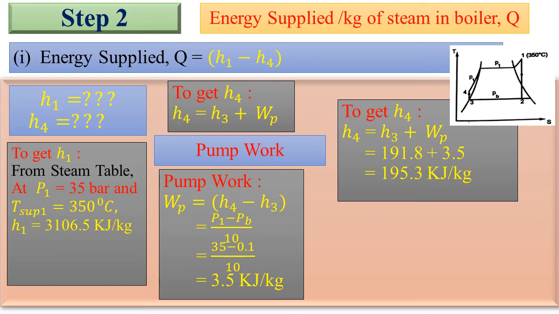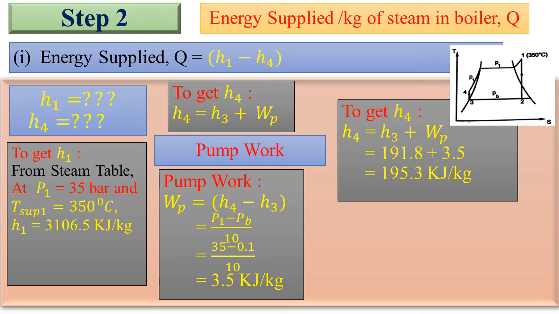What about H3? From this TS plot we can see that point 3 lies on the saturated liquid line. As point 3 lies on the saturated liquid line, we use the steam table at 0.1 bar, since process 2 to 3 is a condensation process.